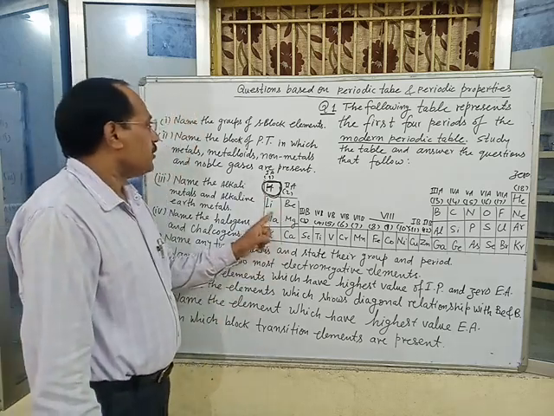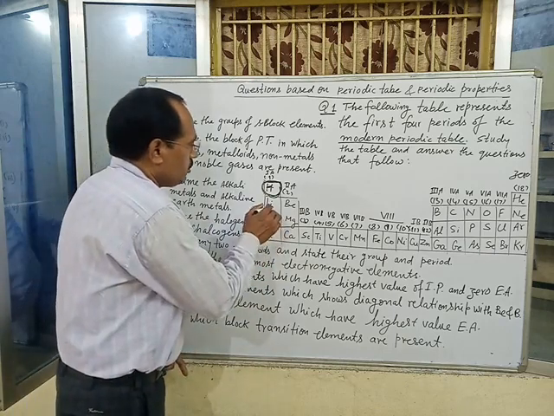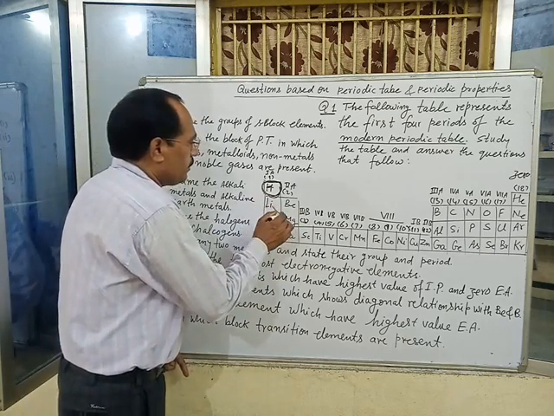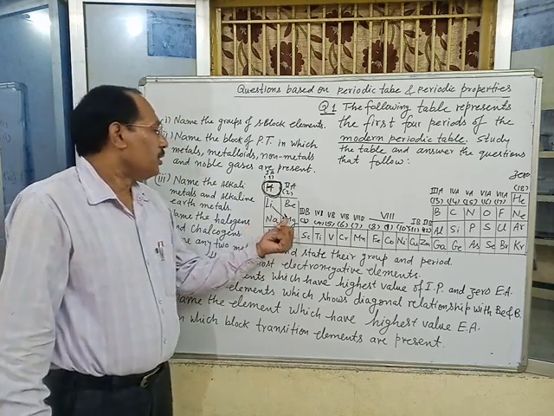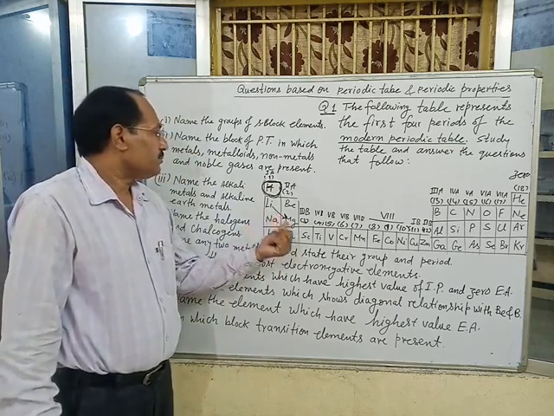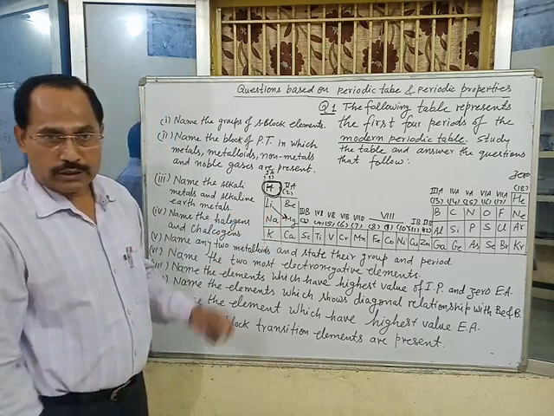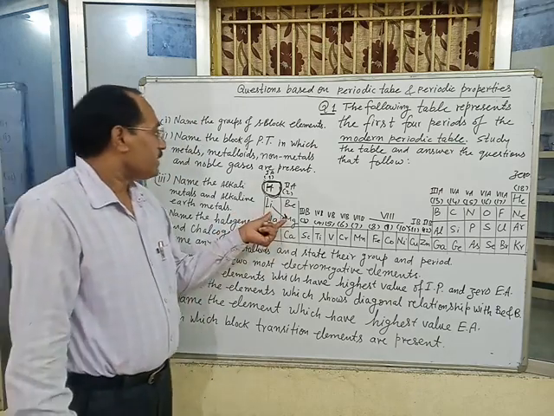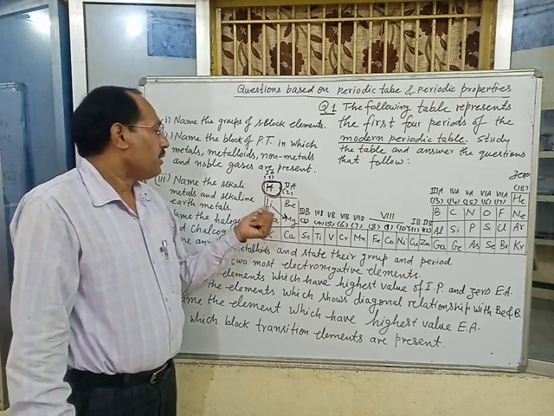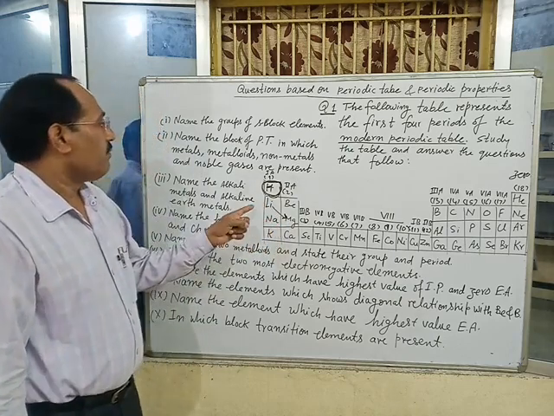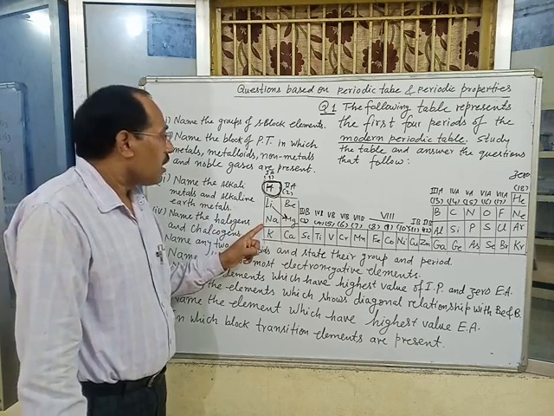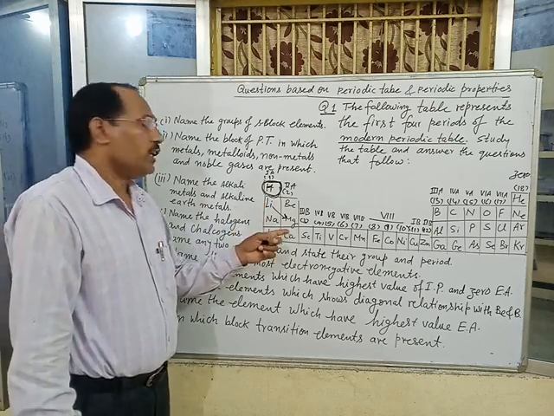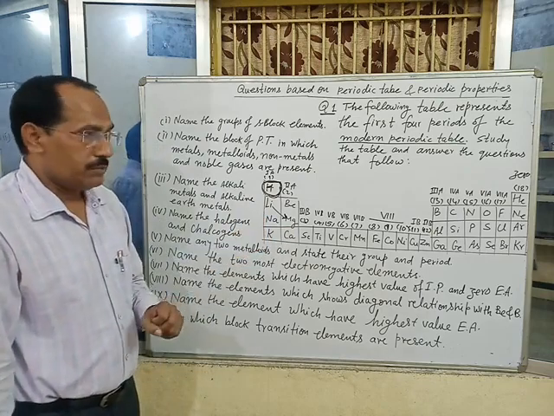Lithium and magnesium show a diagonal relationship, which means the properties of lithium and magnesium are very close to each other. This relationship between the elements of period number 2 and period number 3, which are placed diagonally, is known as diagonal relationship.